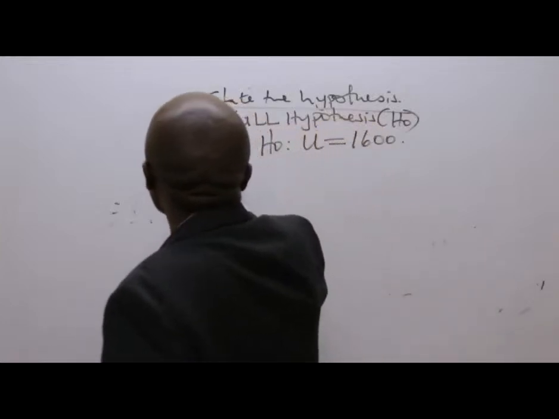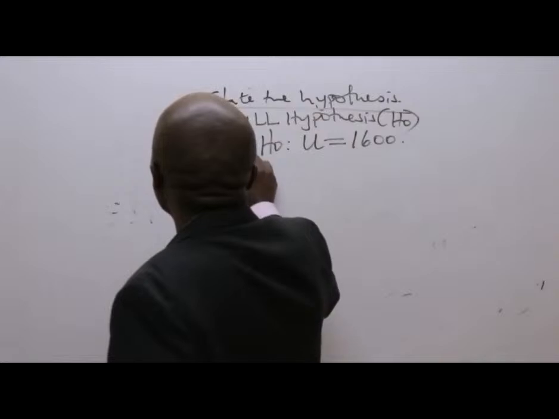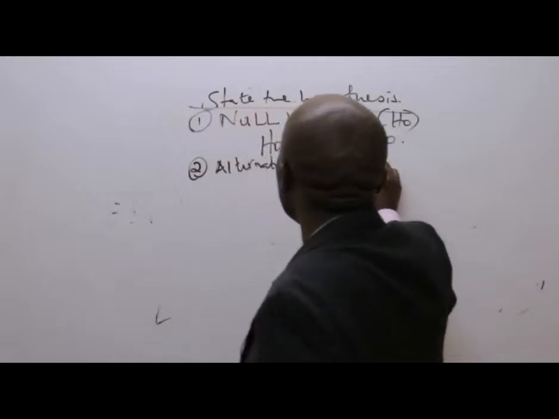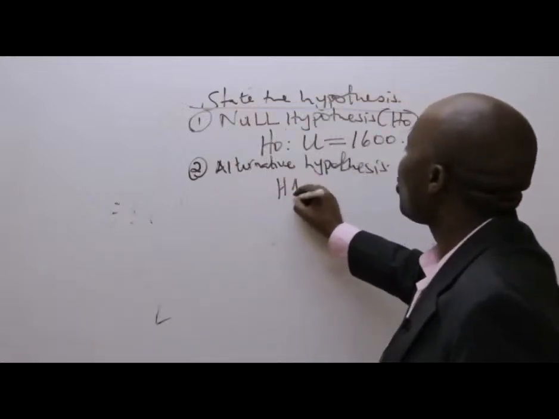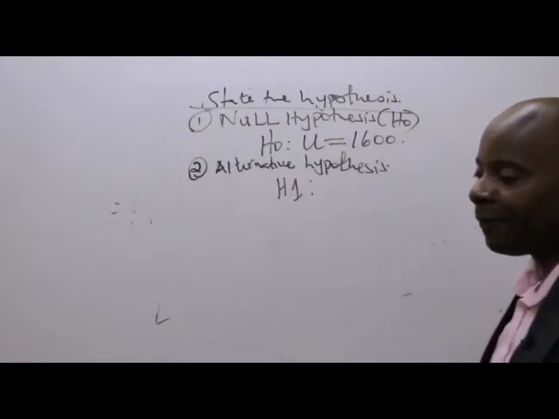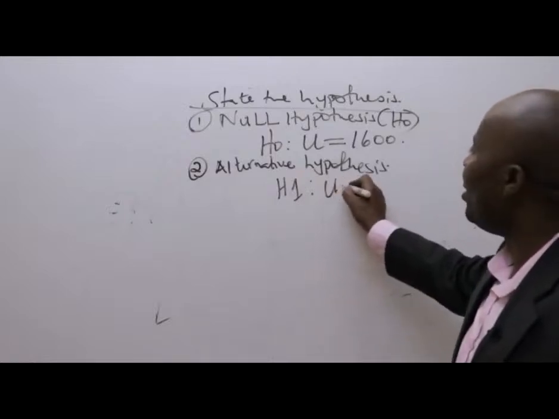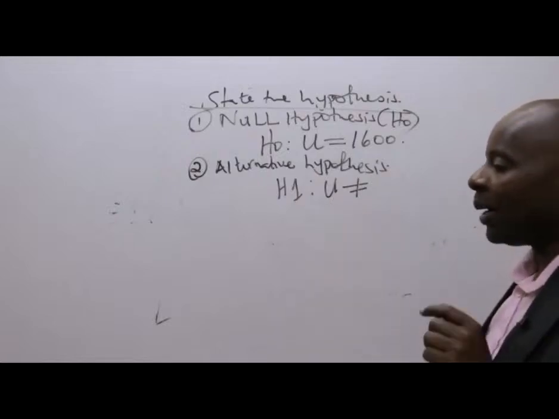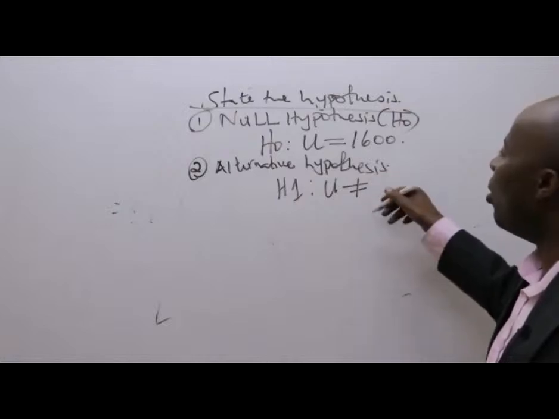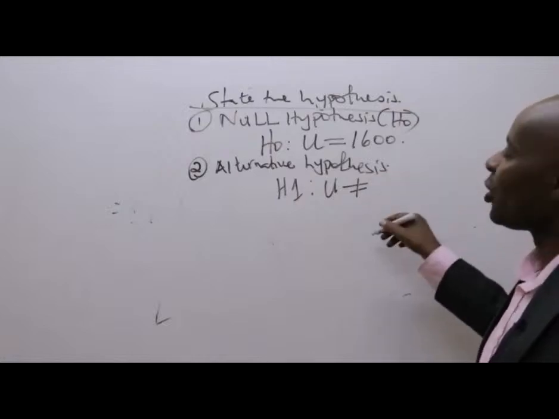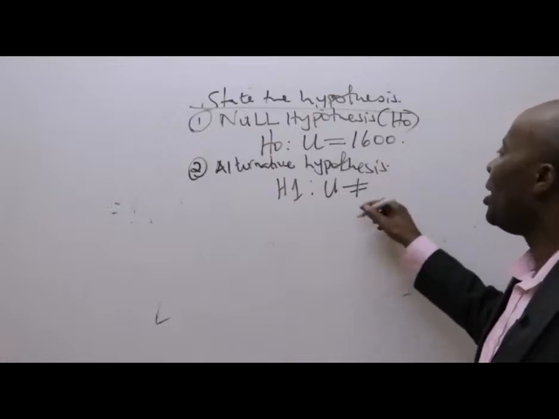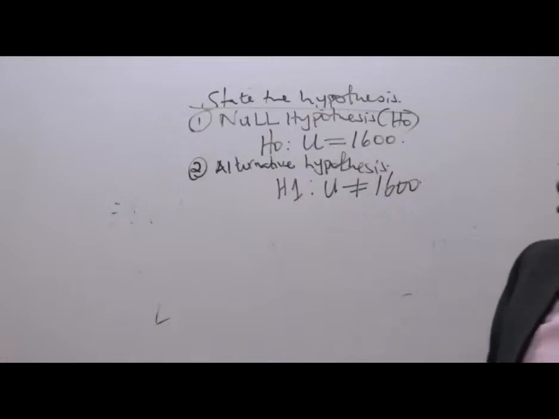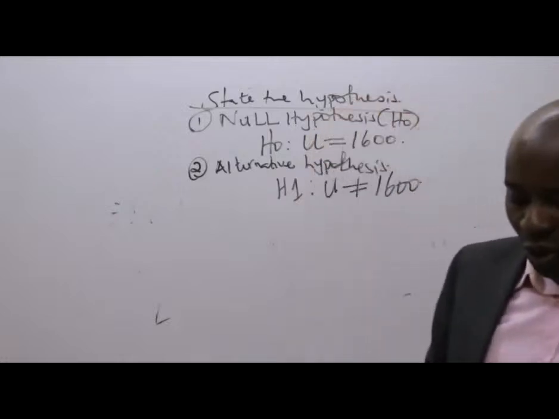So we have what we call the alternative hypothesis, which we shall be denoting as H1. U stands for the mean. Our lifetime here could either be more or less than 1600, so our population mean is not equal to 1600.